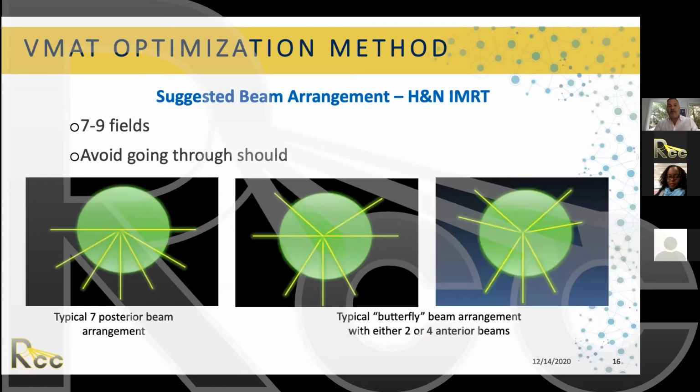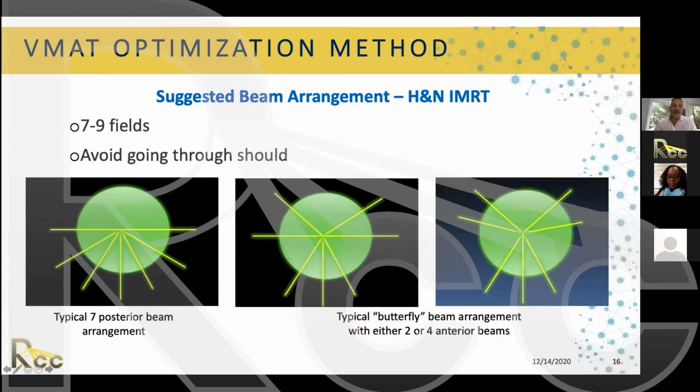So for head and neck, again, these are suggestions. If you're using an IMRT approach, there is a lot of publication saying that the ideal number of beams is between 6 to 9 IMRT fields, and avoid going through the shoulders, because the shoulders can be movable, so you want to try to avoid that.